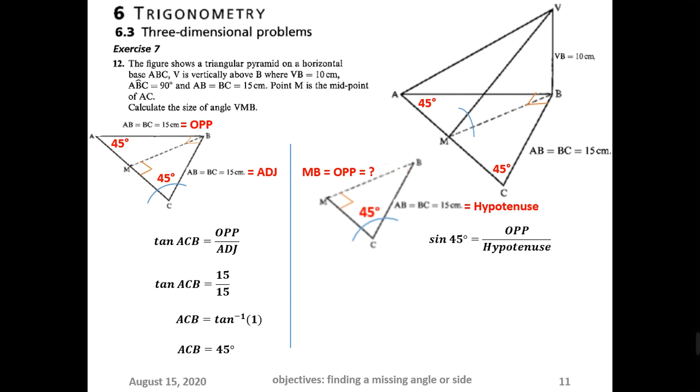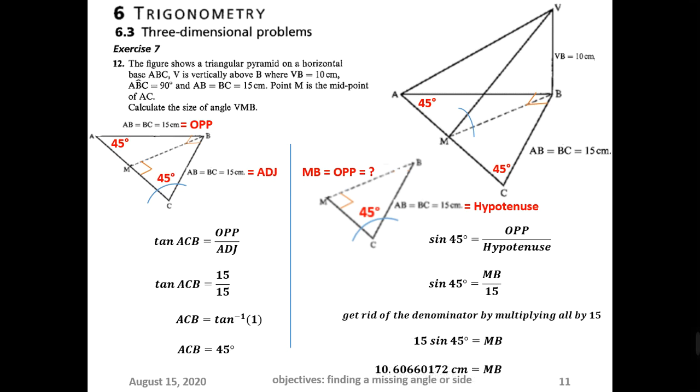Substituting, sine of 45 degrees is equal to MB over 15. Let's get rid of the denominator by multiplying all by 15, so MB is equal to 15 times sine 45.